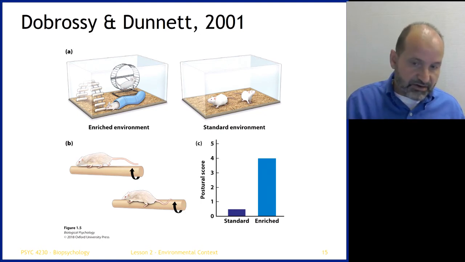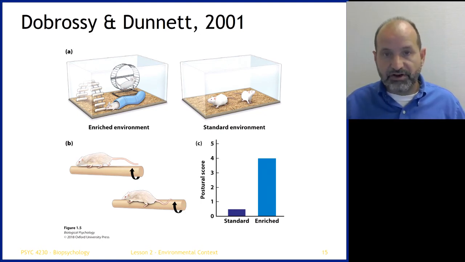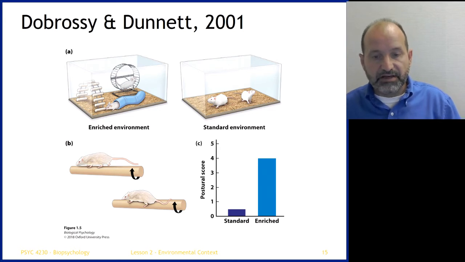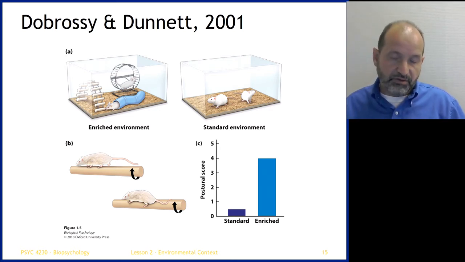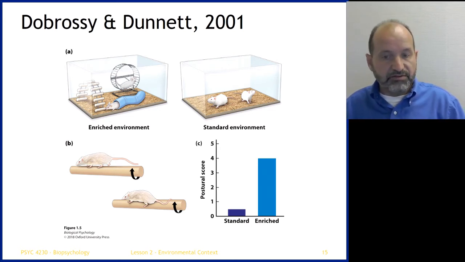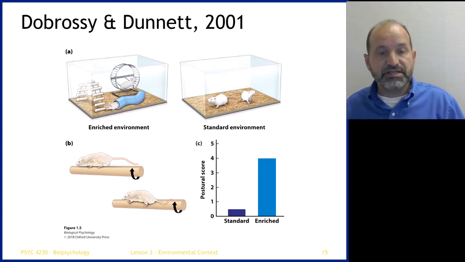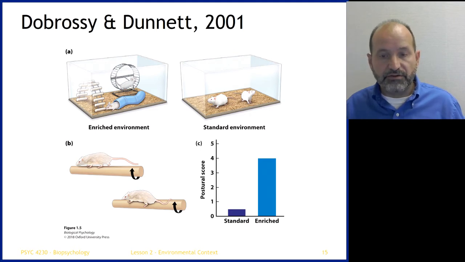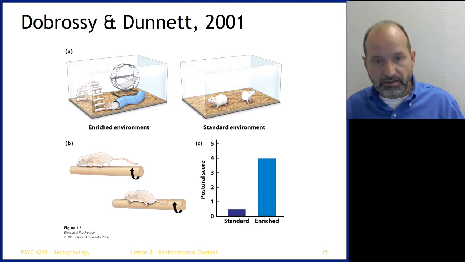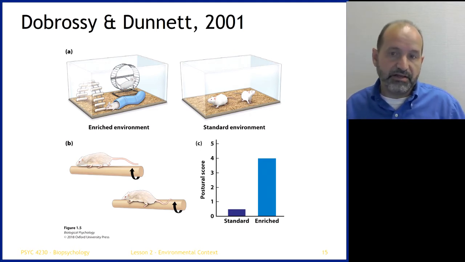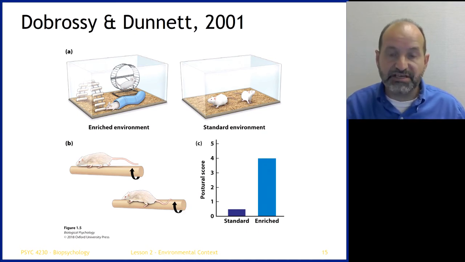You can see the data are very clear. We don't have error bars or fancy statistics here, but if you look at the original source, you can find that. It's very clear that the animals placed in the enriched environment recovered their score at a much higher rate than the standard environment, showing that the brain is plastic, that it changes even in adulthood.